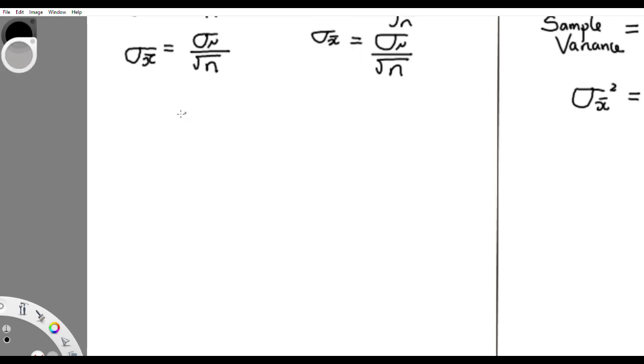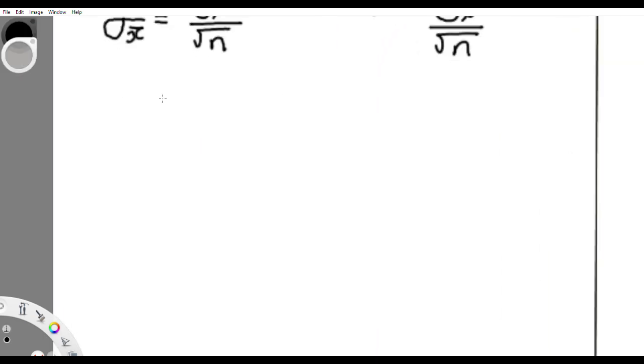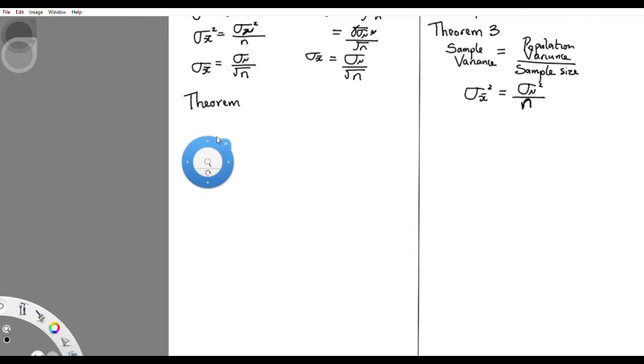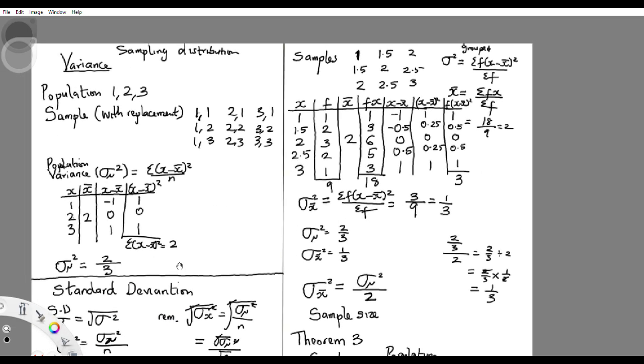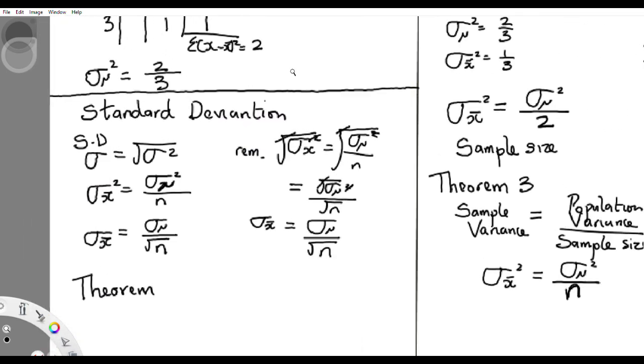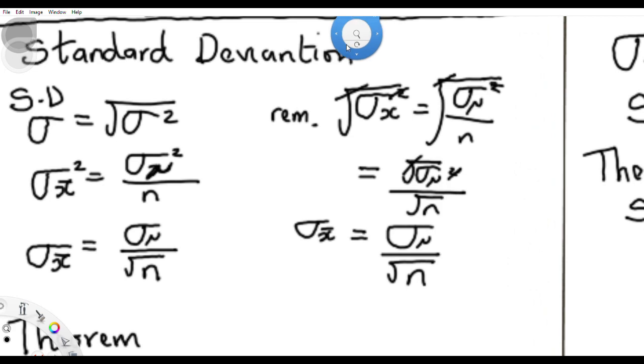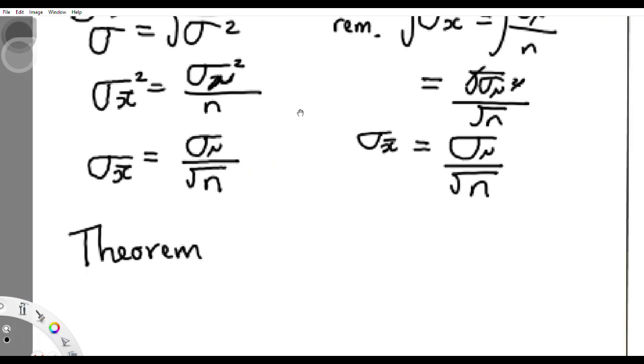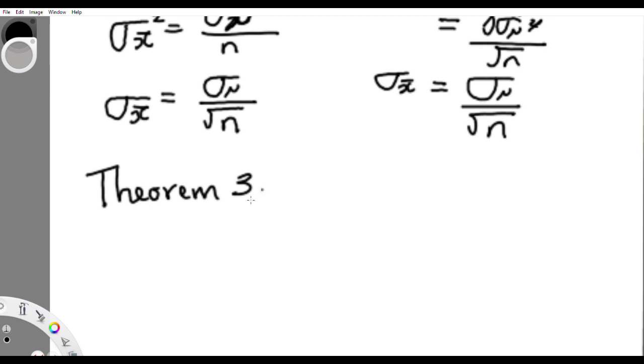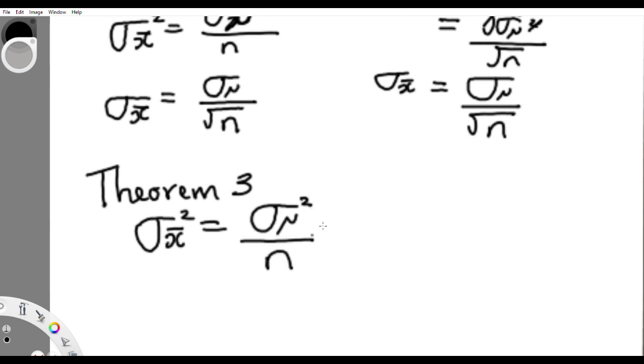That's with replacement. So let's take the theorems again. The third theorem is: the sample variance equals the population variance all over the sample size.